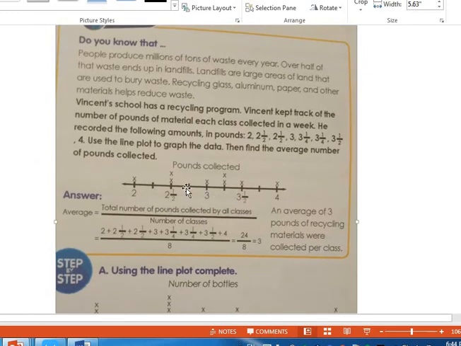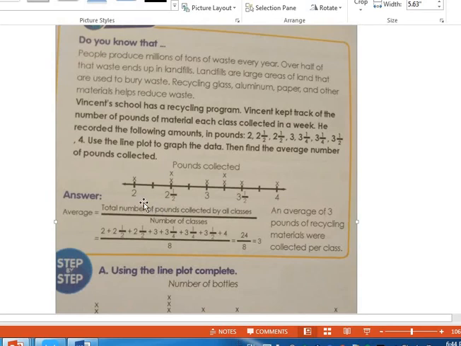Okay, I have here the line plot. Now I will write the numbers from the least to the greatest. So I have 2, 2.5, 3, 3.5, 4.